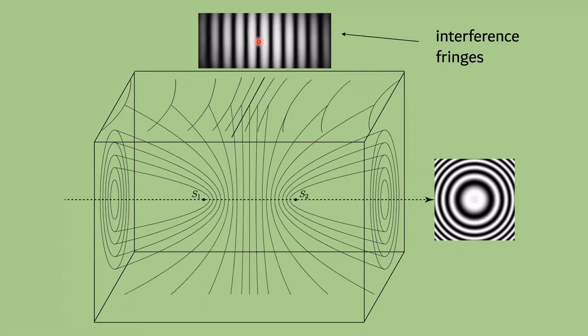So it's the same phenomenon. These hyperboloids of revolution are the three-dimensional nodal lines and antinodal lines. But this would be difficult to treat mathematically, right, in three dimensions. So we just look at the projection onto a screen like this.